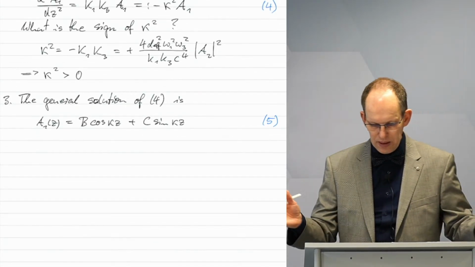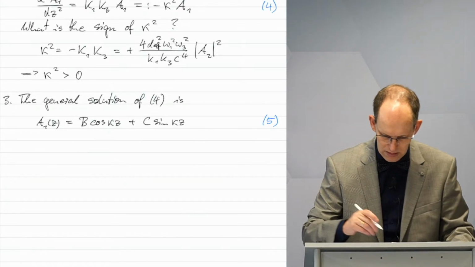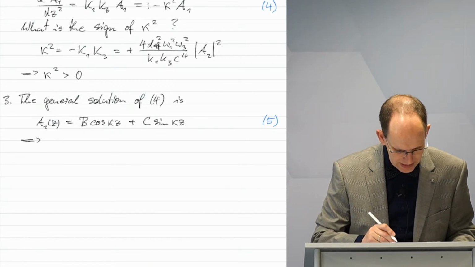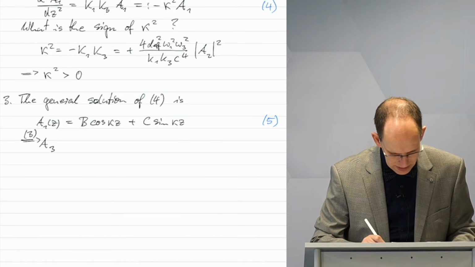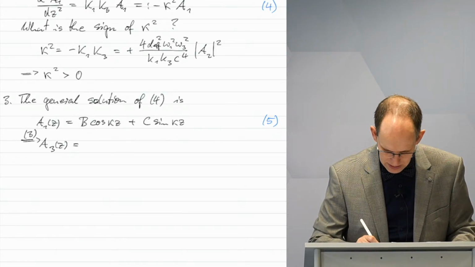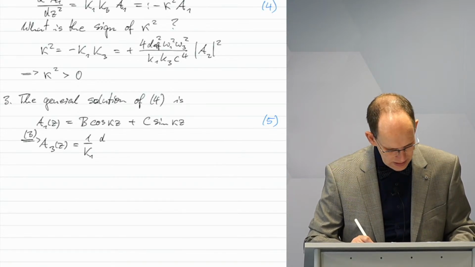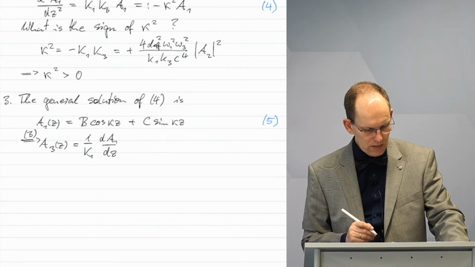And when we know A1 of z, then we also know A3. And so from this we get, via equation 3, that A3 of z is equal to 1 over K1 times the derivative of A1 with respect to z.